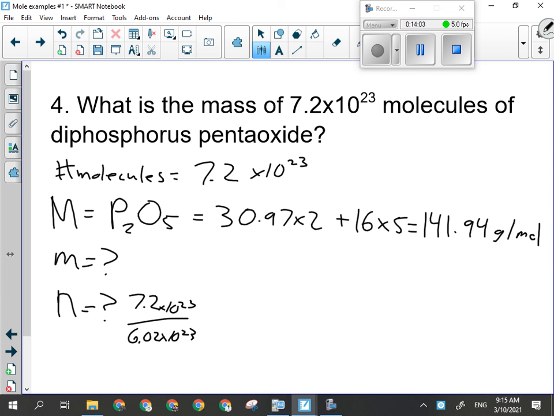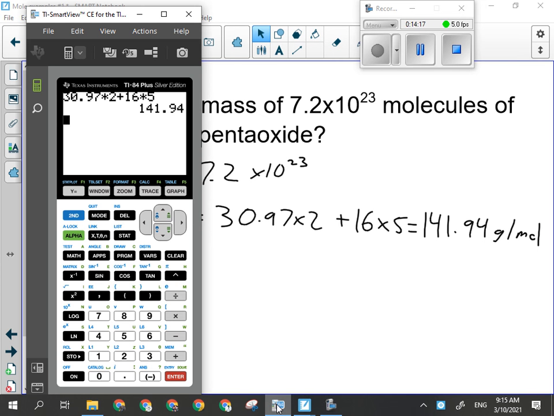Since they both have the same exponent, do I need to bother putting in the times 10 to the 23? I don't. I can just divide the bases because the exponent's the same. If you understand the math of exponents, you can do that shortcut. If you don't, it's fine to do it this way too, and just go 7.2 E23 divided by 6.02 E23.